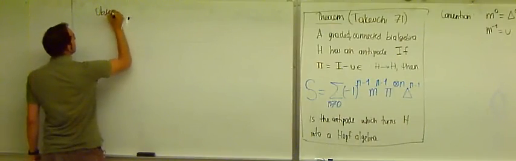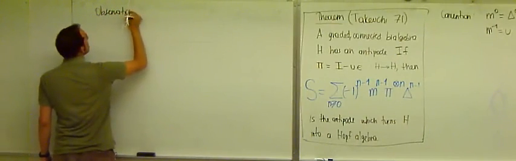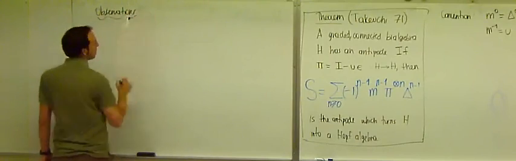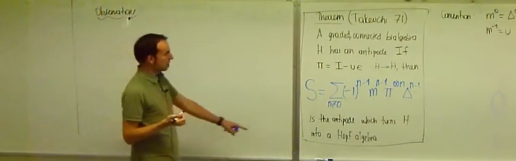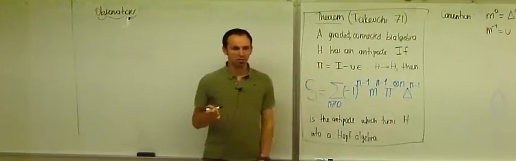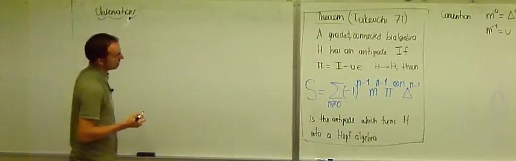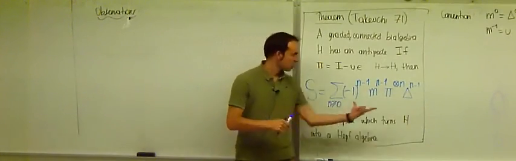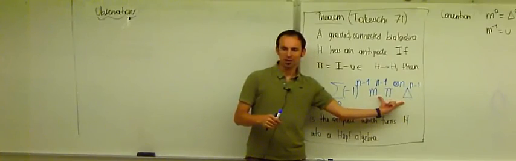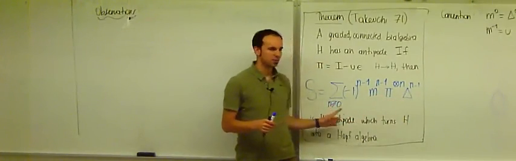So let's make some observations about this formula before we prove it. So first observation is that this better be 0 eventually. So how do we know that this thing is 0 eventually for n large enough so that this sum is not infinite?